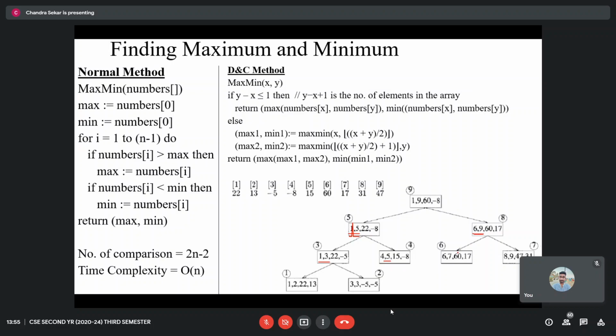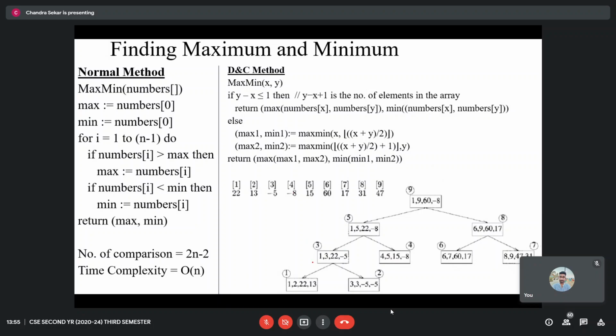And this 6 to 9 again will be divided into 6 to 7 and 8 to 9. In these cases it will not further call the recursion because there are only two elements here, 8 and 9, and in this case 6 and 7, and here 4 and 5. But in this case there are three elements, 1, 2 and 3. So it will again recursively divide this into two halves, that is 1 2 and 3.